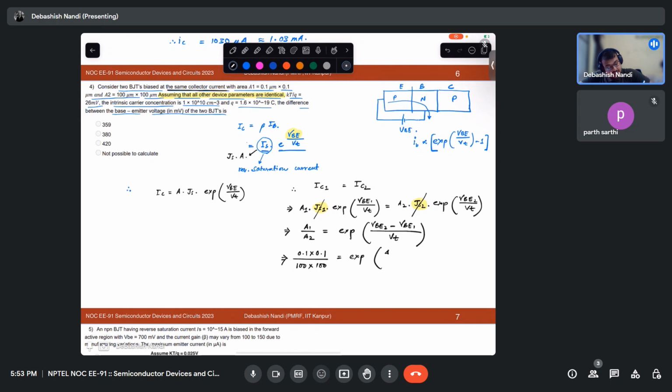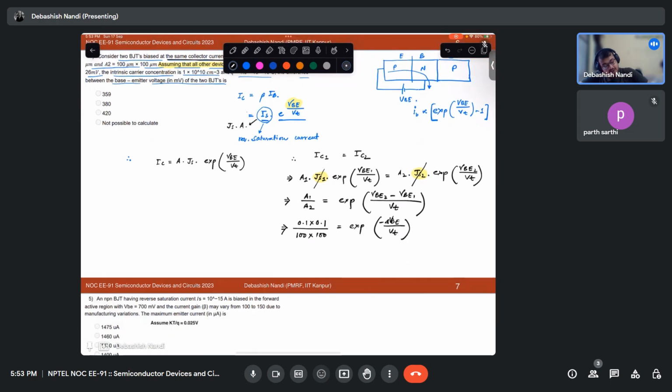Exponential, let's call it delta VBE over VT. And by sign convention, let me take VB1 is greater. So I can simply write delta VBE is equal to VT times natural logarithm of, what is this, 10 raised to 4, and this is 10 raised to minus 2.